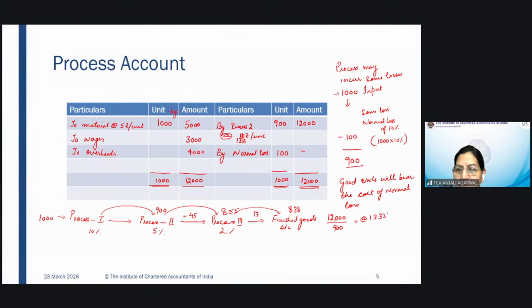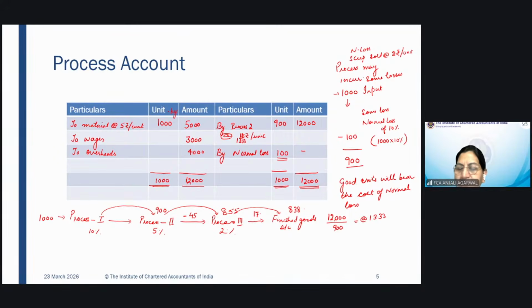However, there is a possibility that whatever the 100 units of normal loss is, they may be sold as scrap. So if the normal loss is sold as scrap, the entire cost of 12,000 should not be borne by 900 units. So in that case, we will subtract from it whatever is received from the sale of normal loss. So let's say the scrap can be sold at 2 rupees per unit.